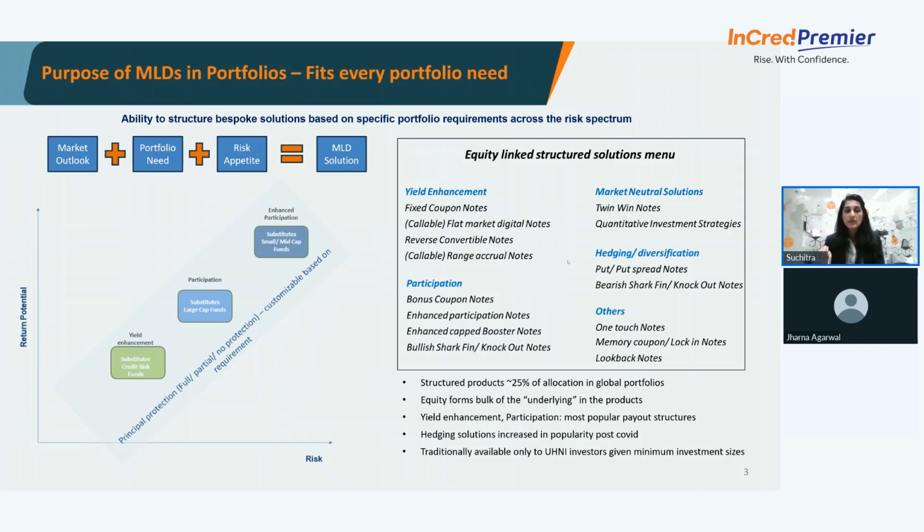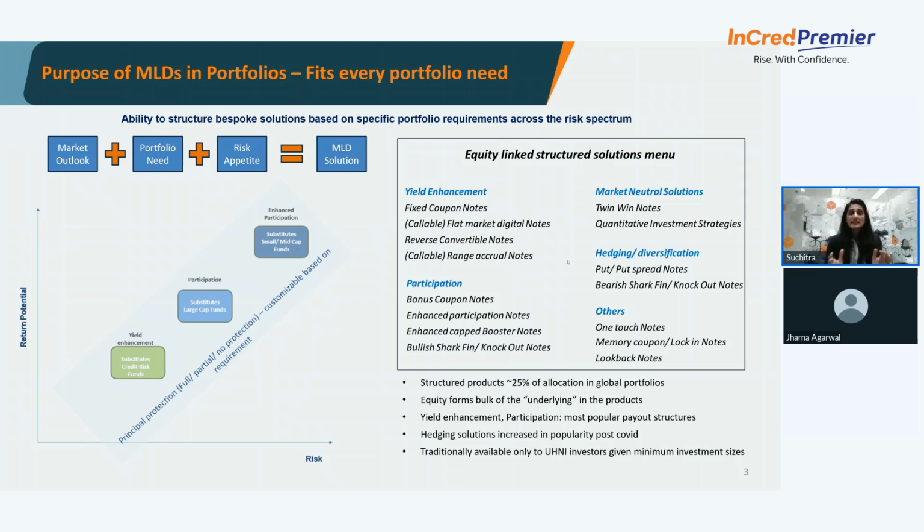And the last point is quite important. Typically, structured products tend to be available only to ultra high net worth individuals through the Premier channel. By reducing the minimum investment requirement, etc., we are trying to so-called democratize structured products, make it available to everybody, to enhance participation in this kind of product, to include more and more MLDs into client portfolios.